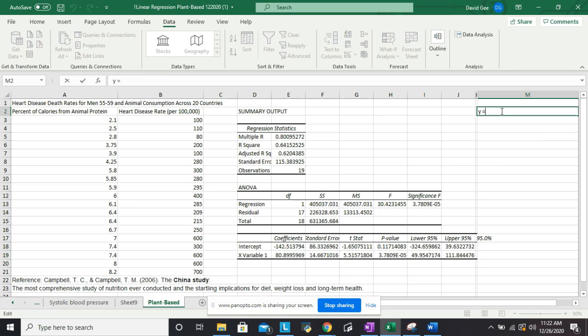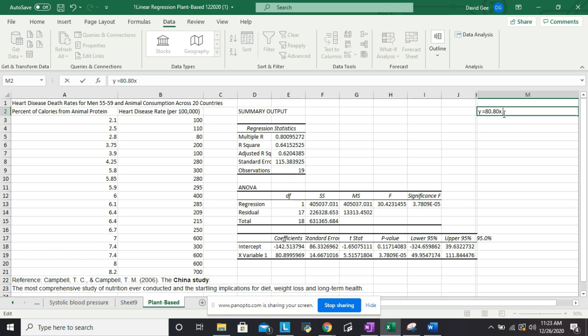80.90, and then times x, that's my slope. So as the percent of calories from animal protein increases by 1 percentage point, the heart disease death rate would go up by 80.80.